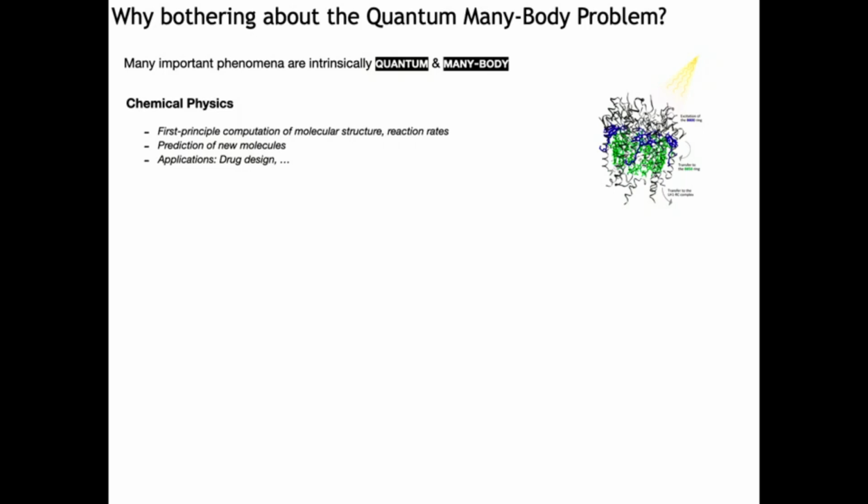I'm not an expert in this domain, but I think photosynthesis is one of the examples where people believe that the coherent electron transport across these biomolecules, these light harvesting complexes, is really playing a role.